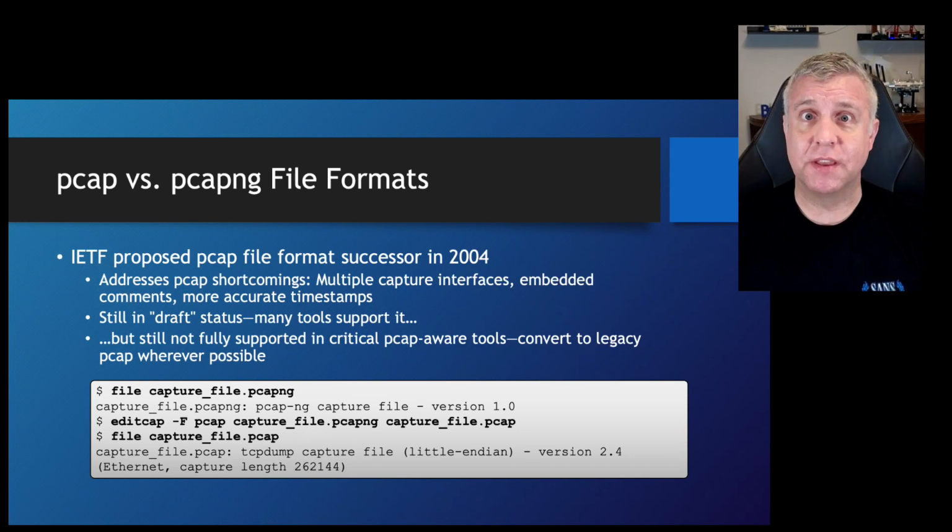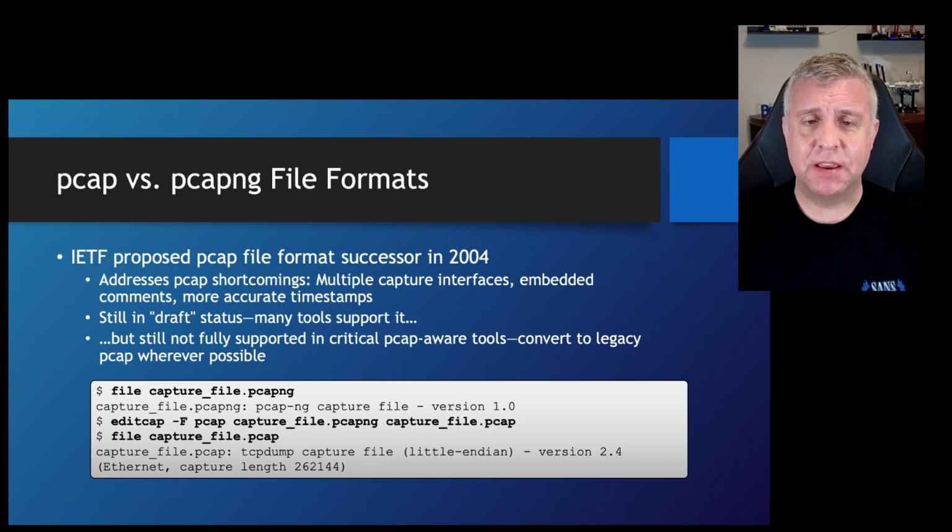And there's a lot of tools that can actually do that conversion for us. The example that you see on screen here, this editcap command, is actually a built-in utility that's provided along with the Wireshark toolkit, which we'll talk about in a future module of this channel.